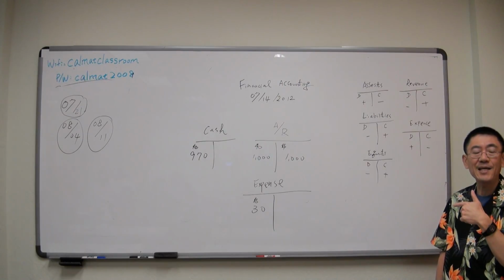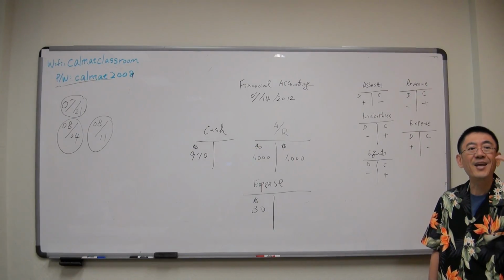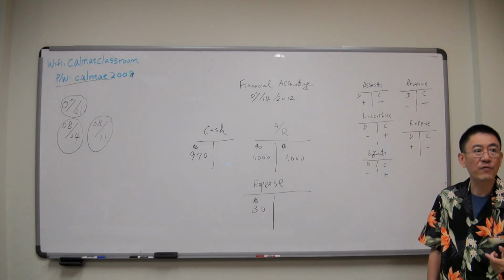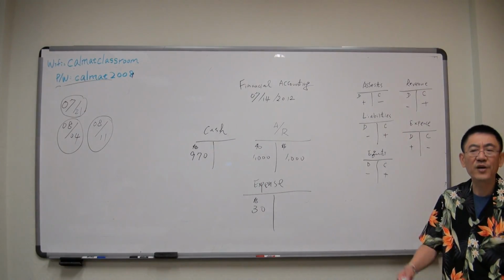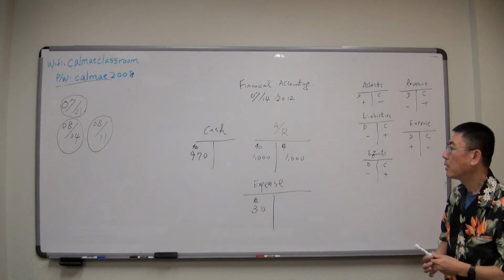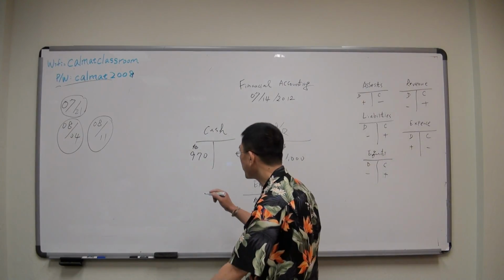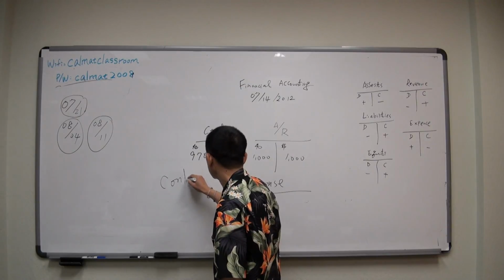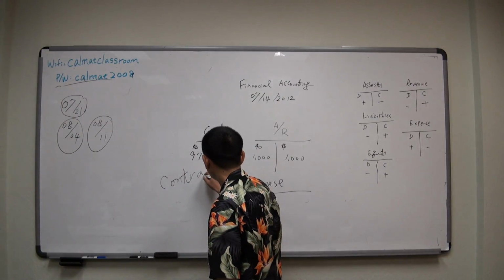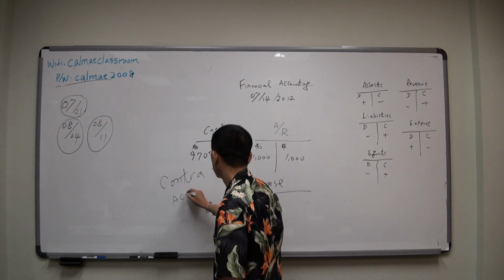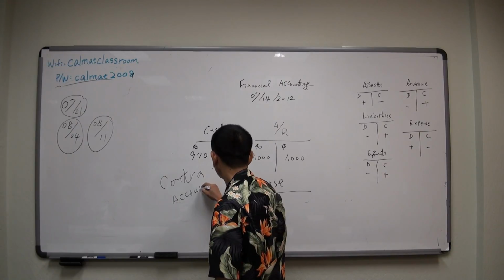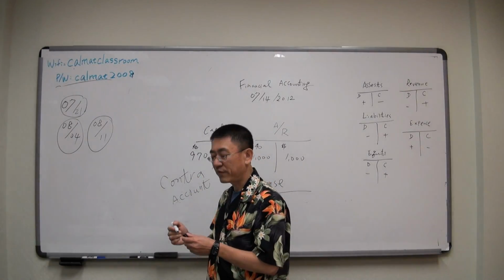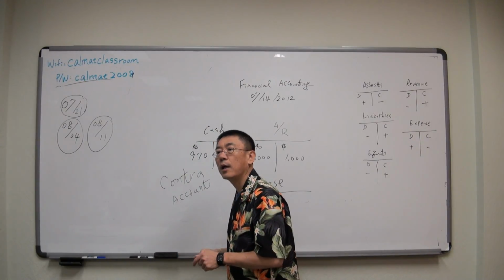Instead of treating as expenses, you're treating as minus revenue. It's a very strange terminology, okay? In the book, there's one terminology called contra account. Each account may come with a contra account.